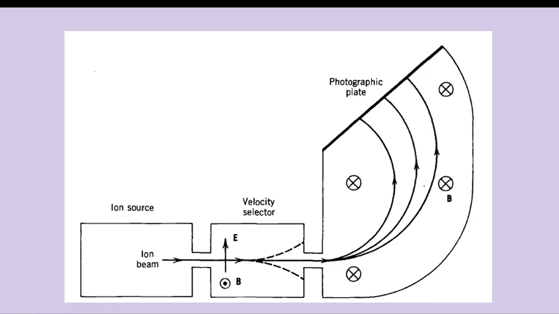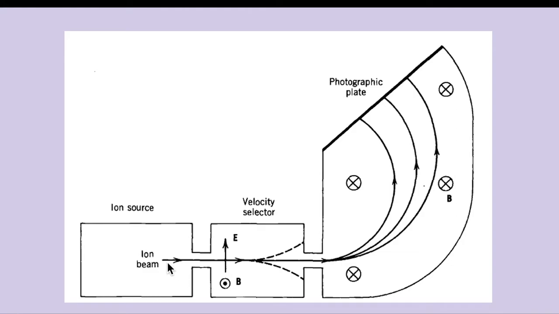So other charged particles will experience either the electric field or the magnetic field. In an electric field, they will move towards one direction, either positive or negative charge. Similarly, in a magnetic field, they will move in a circular orbit.